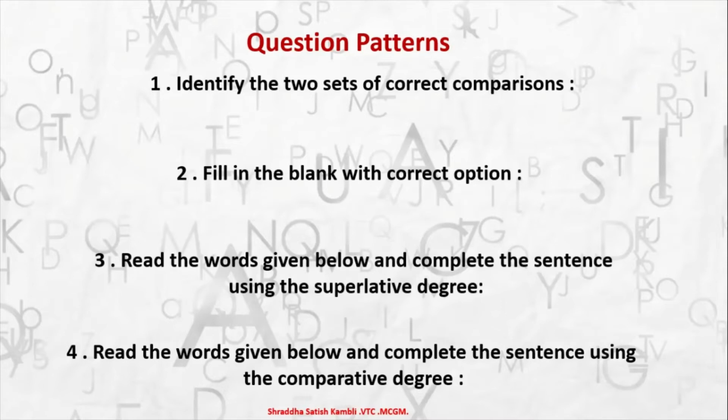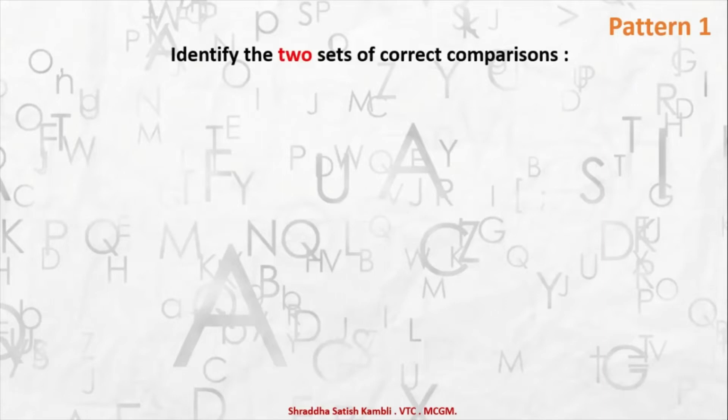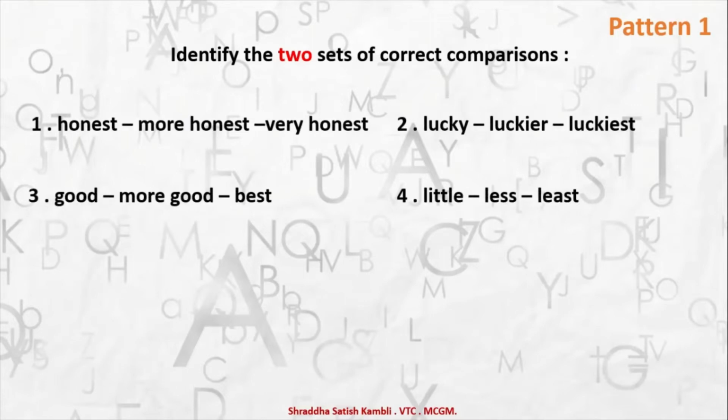Now we will actually go and try and solve at least 5 examples in each pattern. So here comes pattern 1: identify the 2 sets of correct comparisons. Here are the sets of comparison for you. We have 4 sets. First, honest, more honest, very honest.